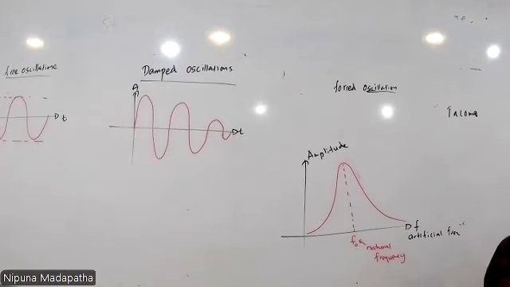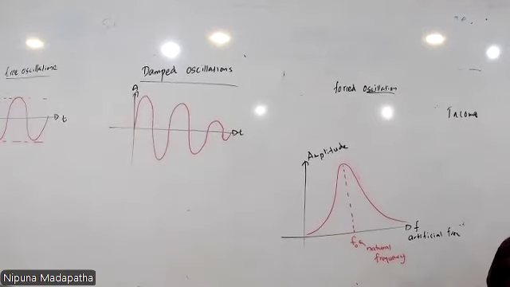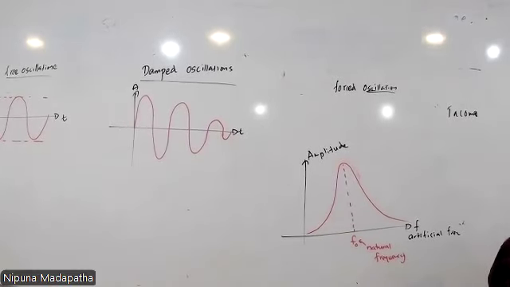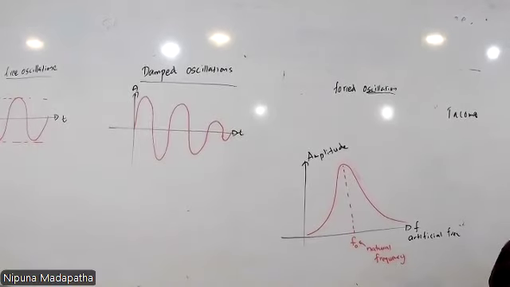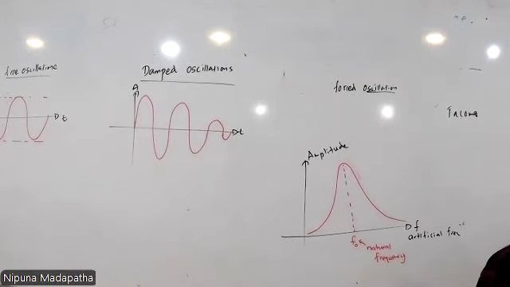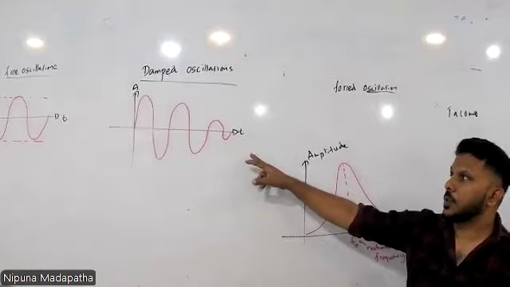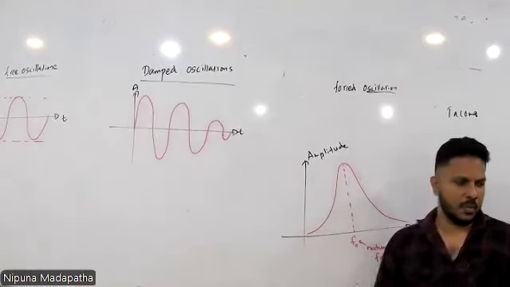Therefore, the amplitude of the oscillation decreases exponentially. So this is the amplitude against time graph.